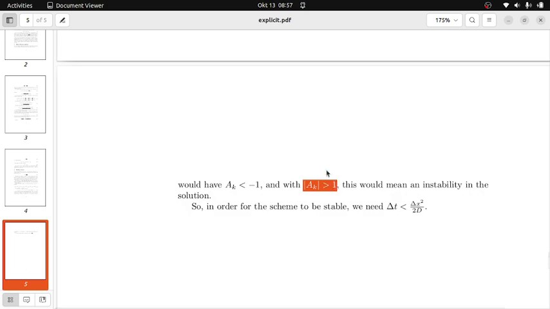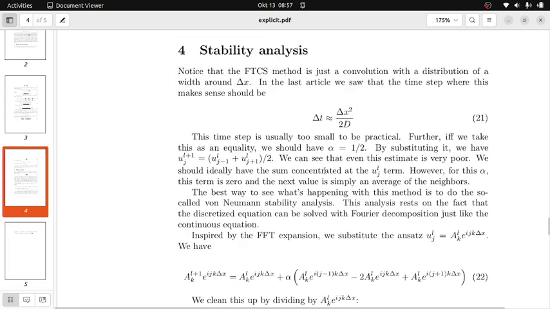So this value of alpha equals half is pretty much the largest value that makes this scheme practical, because if alpha is larger than 1/2, the high frequency modes will diverge.